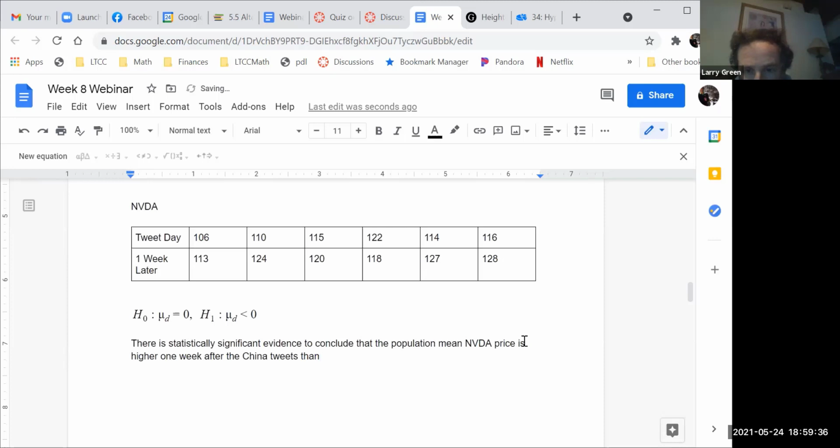I guess I should say was, because Trump is no longer our president, than it was on tweet day. It's not strongly statistically significant because it's not less than 0.01.